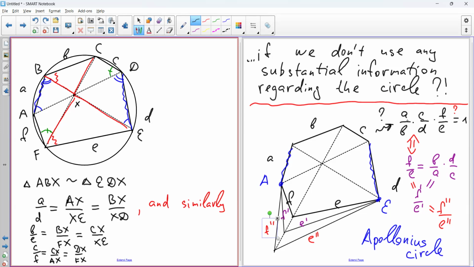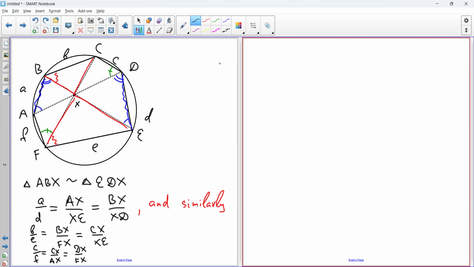Here we first notice that we can reformulate that: the initial ratio would be A over B times C over D times E over F, which looks like Ceva or Menelaus something, right?